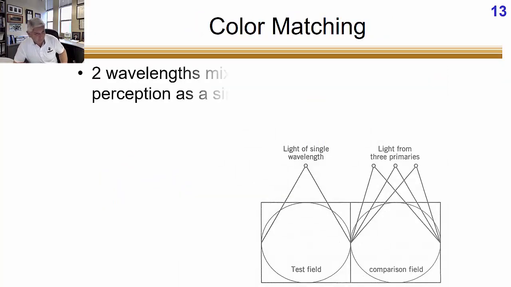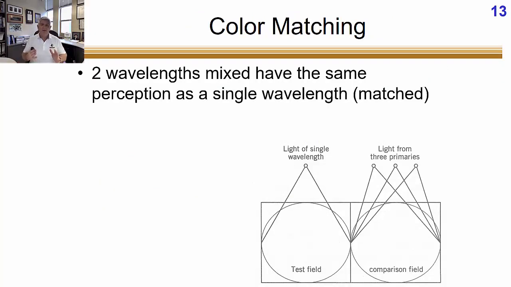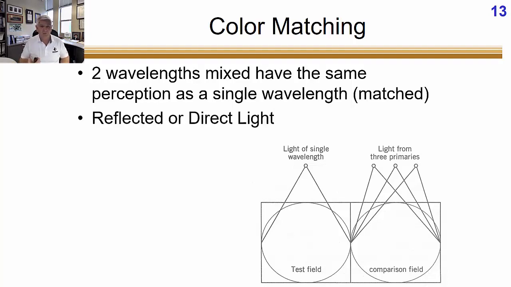Color matching. So as I mentioned, if we have blue and red and we mix them, we can't generate a single wavelength of light to match that. But for all the other colors, we can, because there are what we call metamers, that are the complementary colors that are mixing.